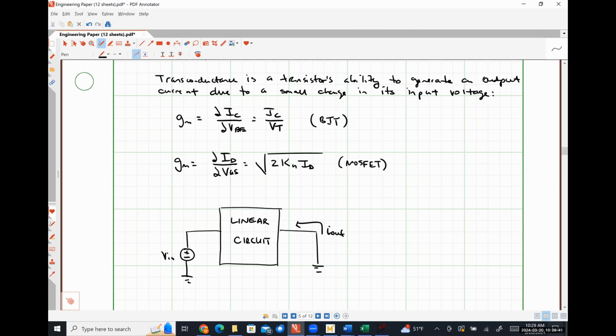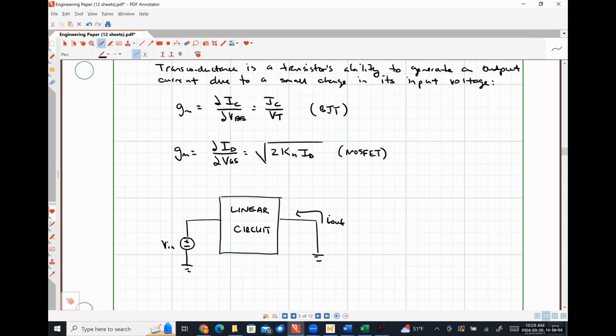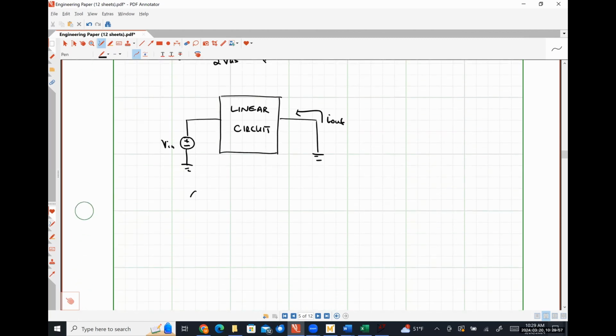I could define an output current I out to be flowing from ground into the device. And this is what I'm going to call my short circuit output current. And then I can define my short circuit transconductance, capital GM, to be the ratio of I out to V in under the constraint that the output voltage is 0, or we're short circuiting the output.